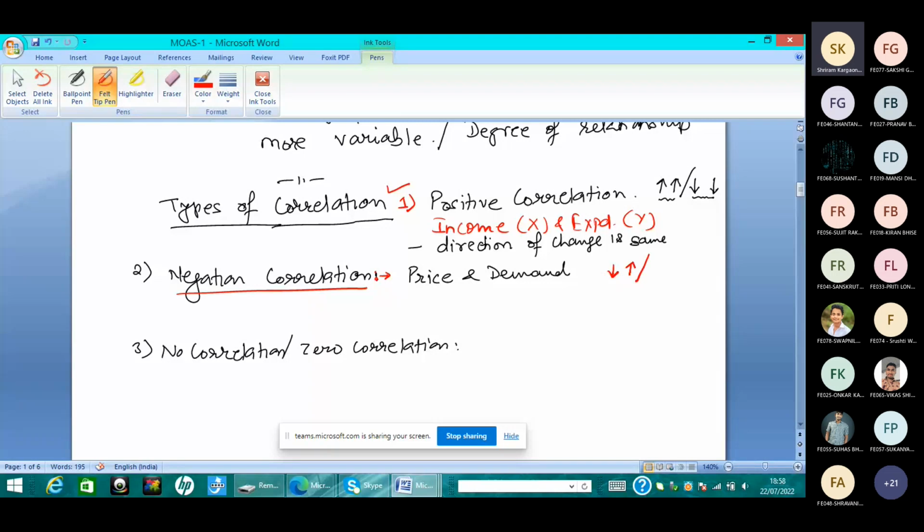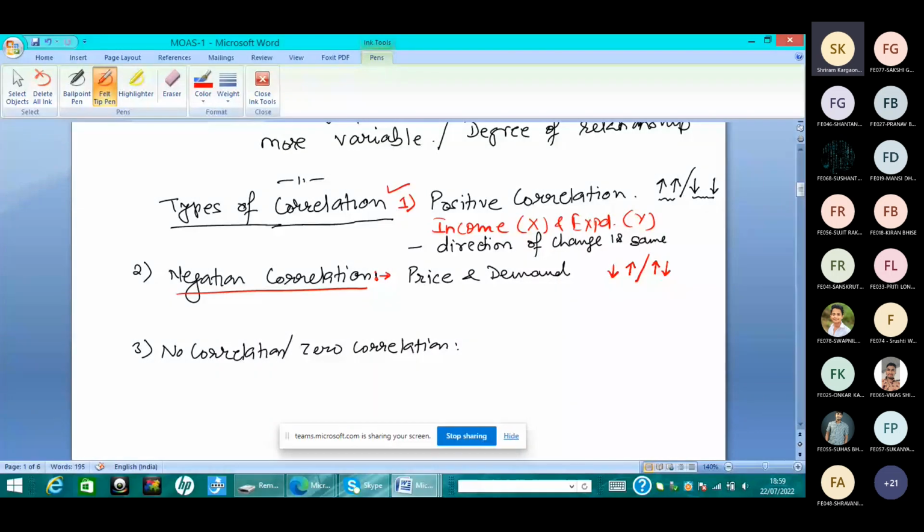Sale means 50% off, buy one get one free. It means that in the price of one item they are providing you two. Ultimately the price is reduced to half. Whenever the price is reduced, the demand increases, and vice versa. When you increase the price, the demand will decrease.